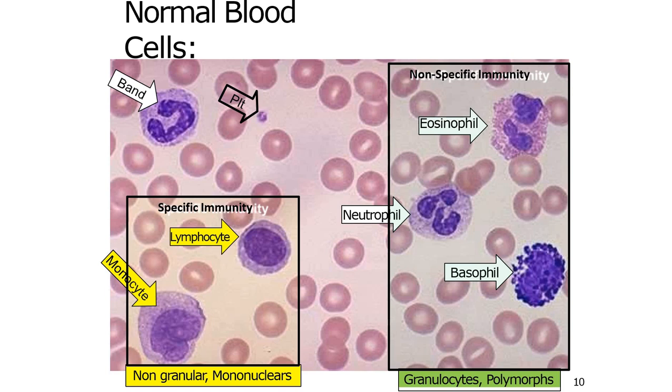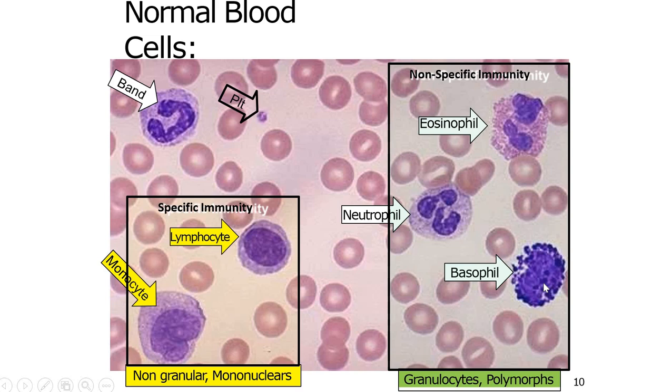The second cell which we see here is the eosinophil, which is again a granulocyte, and we can see it has a bilobed or spectacle shaped nucleus, and it has crimson red or dark pinkish colored granules. The differential count of an eosinophil on a slide is around 2 to 6%.